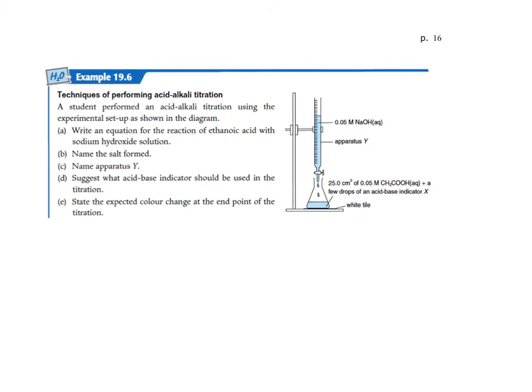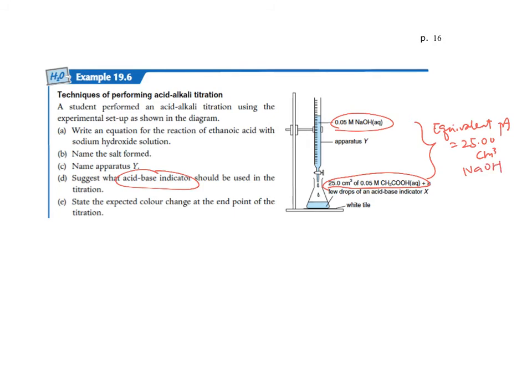This example can be found in your textbook. 0.05 molar sodium hydroxide solution is titrated against this amount of ethanoic acid with the use of a suitable indicator. From this information, we know that the equivalence point is 25.00 cm³ sodium hydroxide solution.